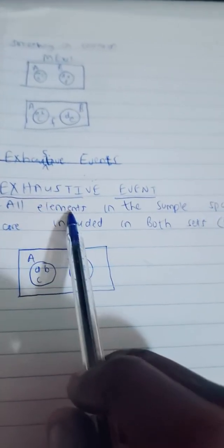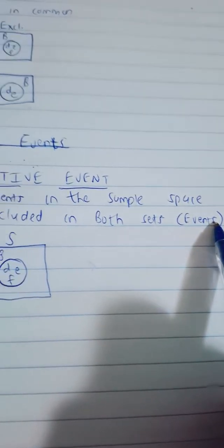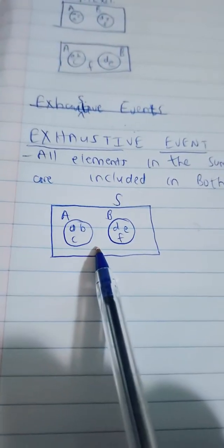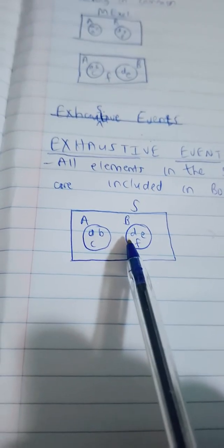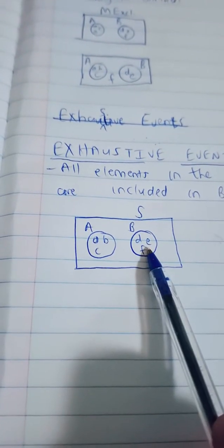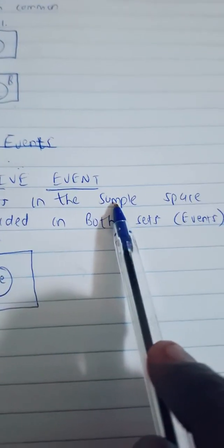Exhaustive events: all elements in the sample space are included in both sets. So let's look at the elements. The elements we have are A, B, C, D, E, F, nothing else. So A, B, C, D, E, F are all elements.